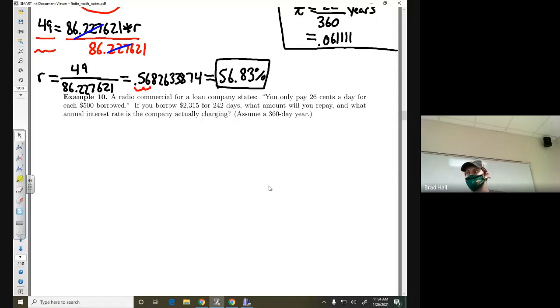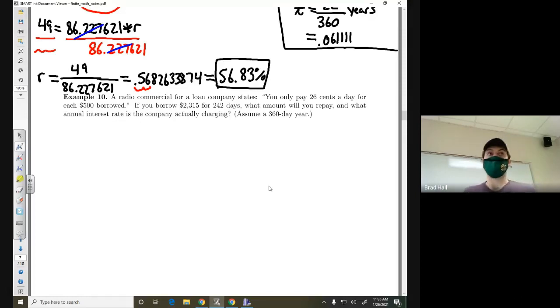And it sounds really good on paper. You only pay 26 cents a day for each $500 borrowed. You think that sounds great. 26 cents, that's really cheap for each $500 borrowed. And let's say you want to borrow $2,315 from this place for 242 days.